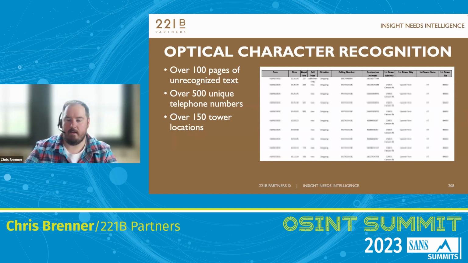We could then import that data into Excel and do similar analysis, dedupe the numbers, look through those investigative databases like TLO and others, or even free online providers like True People Search, Fast People Search, those types of places, to figure out who these subscribers are, and then repopulate that information back into the table to get a complete picture of who was called when, who was the caller, who was the recipient.